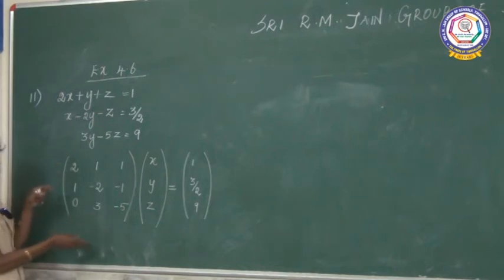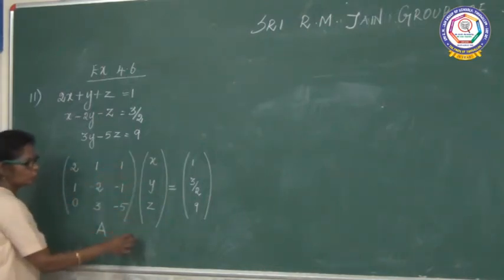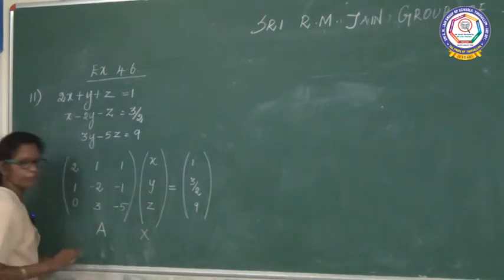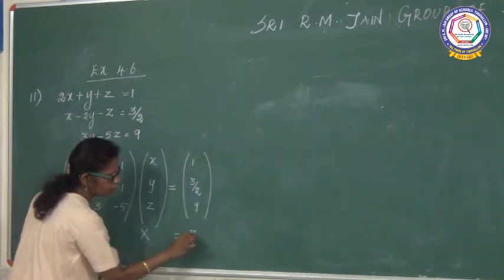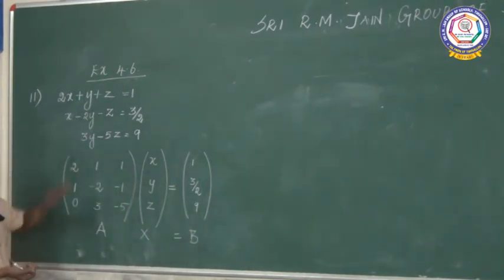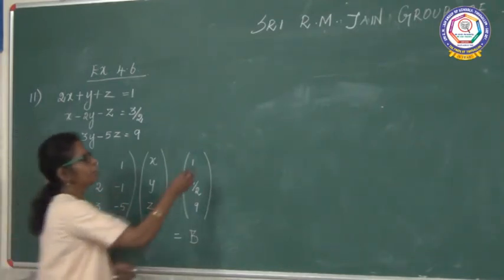The 3 by 3 matrix can be represented as capital A. The collection of the variables can be written as capital X. The constants you should label as capital B. Now the equation is converted into matrix form AX = B. What is the format we had?